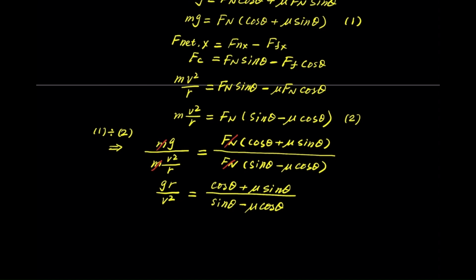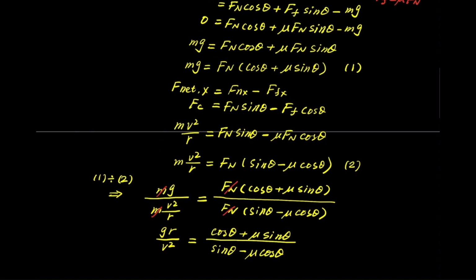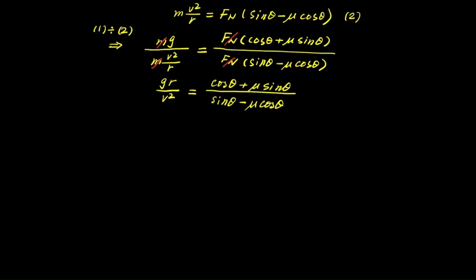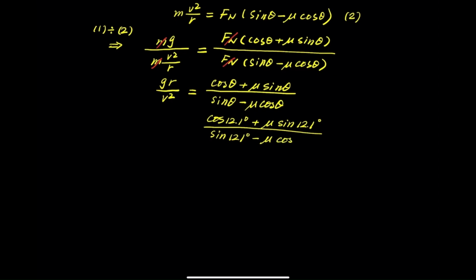Okay, from our previous calculations, we know the banking angle is 12.1 degrees. So on the right side, we have cosine 12.1 degrees plus mu sine 12.1 degrees over sine 12.1 degrees minus mu cosine 12.1 degrees. And on the left side, we have g is 9.8 meters per second squared multiplied by the radius, which is 180 meters, over the speed.